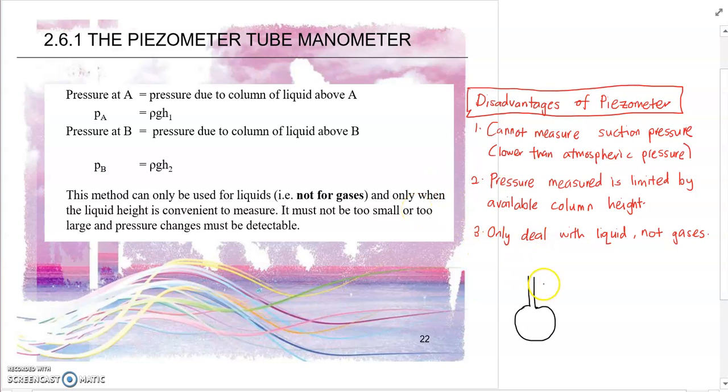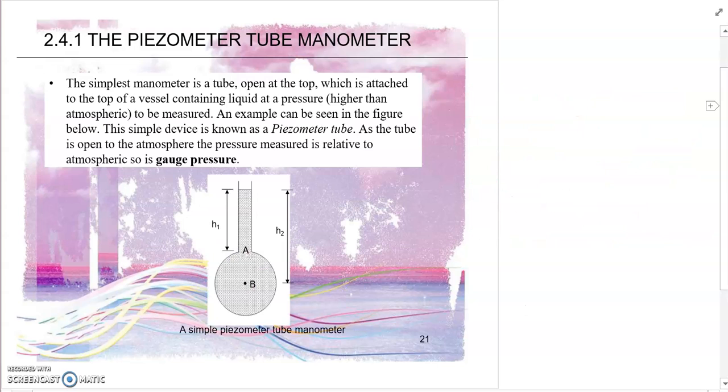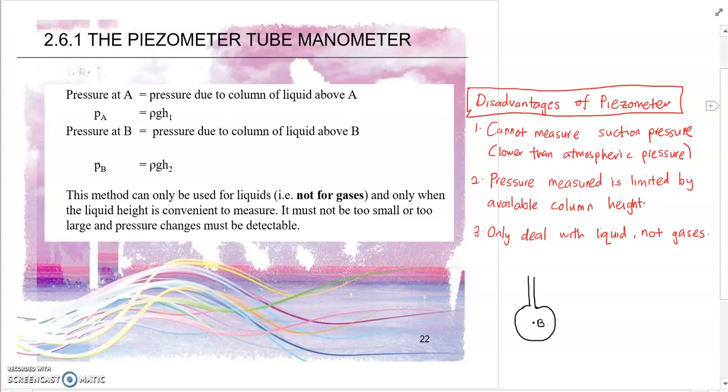The center of the column, we call it B, and A is the point where your tube attaches to the vessel. Pressure at A is equal to the pressure due to the column of liquid above A. So say your liquid is up until this. Pressure at A is rho gh1.